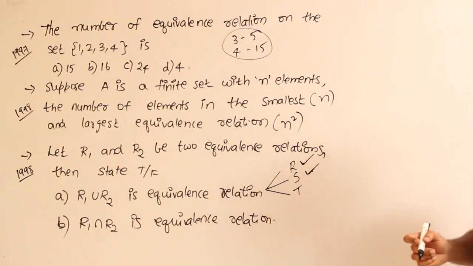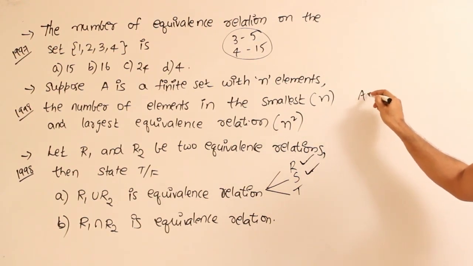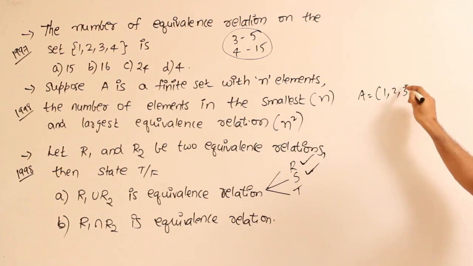So if you want an example, I can give you an example. Let us say A equal to {1, 2, 3}.